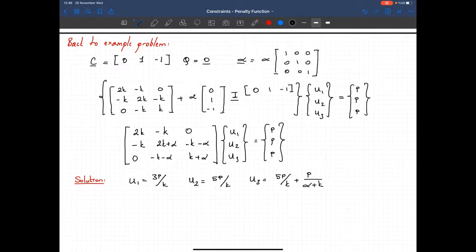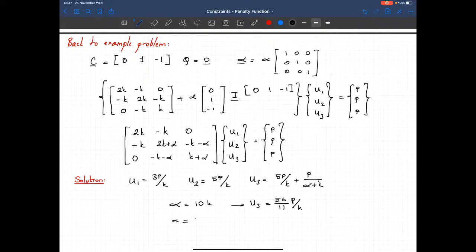Now let's say that alpha is equal to 10K, then my u3 becomes equal to 56 over 11 P over K. Let's give a larger number.